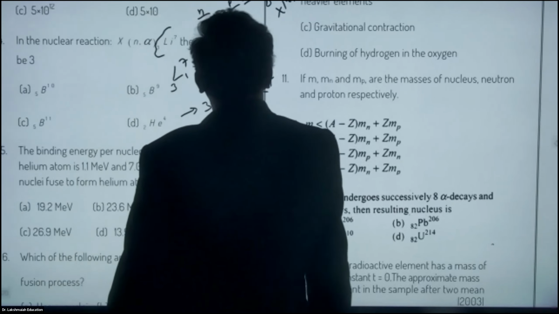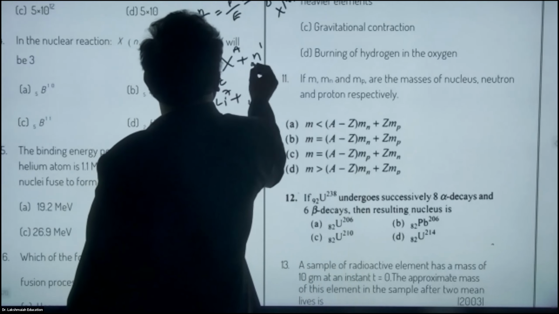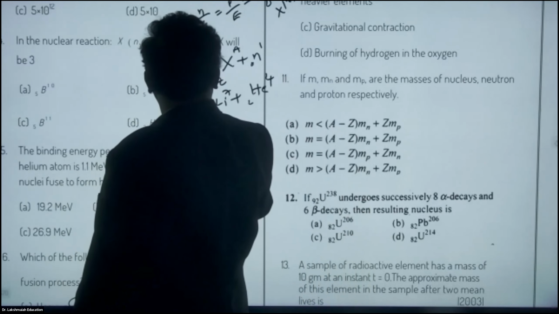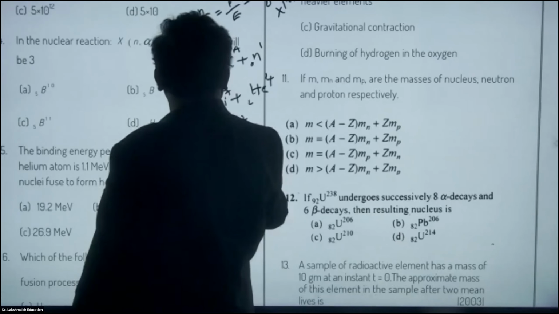So compare this. What is the Z value? Z plus 0 is equal to 3 plus 2. Is it correct? 3 lithium. Yes, sir, correct. 3 plus 2, that is 5. So Z is equal to 5.